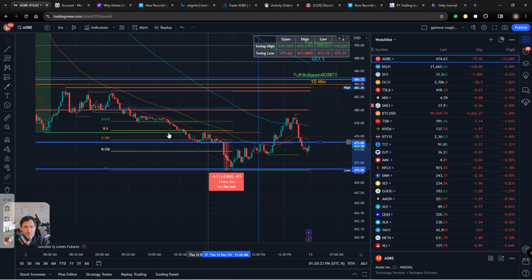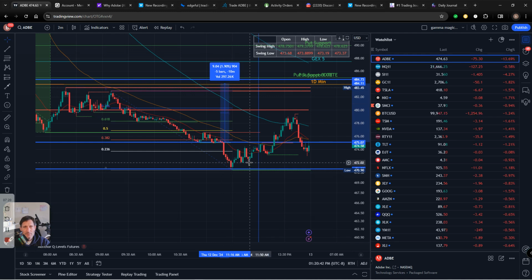So if we had got that move, I would have been looking for a move back up to the 1-day minimum and put support. So right about that 584 level, which would have been $9. So that's in line with the expected move that we saw on that option.